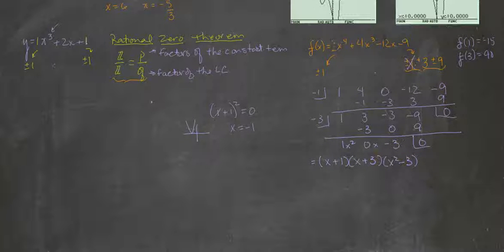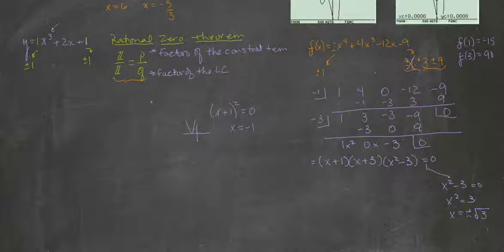So if I want to find rational factors, this is all I can do. I also have this last factor here, which tells me if I set it equal to 0, x squared minus 3 equals 0, which is x squared equals positive 3, so x equals plus or minus the square root of 3.